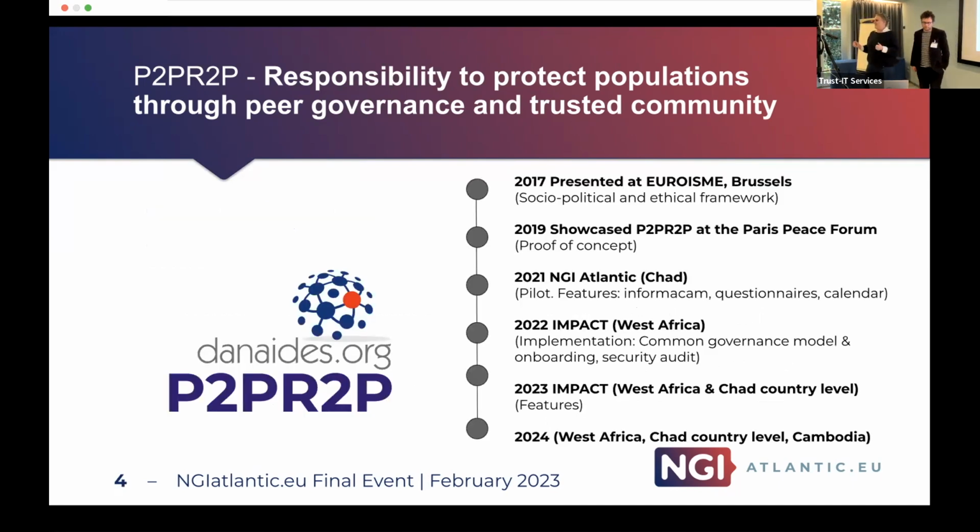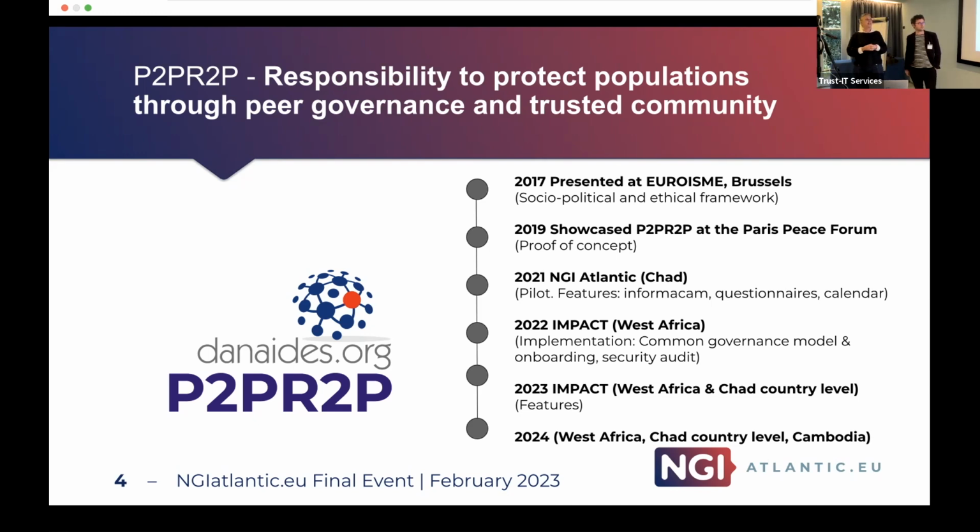In 2017, we presented the idea at EuroISME in Brussels, which is the European chapter of the Military Ethics Society, because we are dealing with state sovereignty issues and international law. We workshopped it and everybody said, okay, this is fine. In 2019, we showcased the P2P R2P proof of concept at the Paris Peace Forum as one of the technological projects.